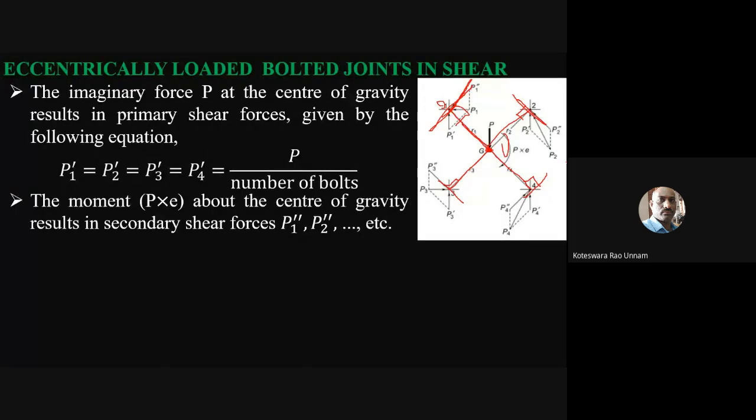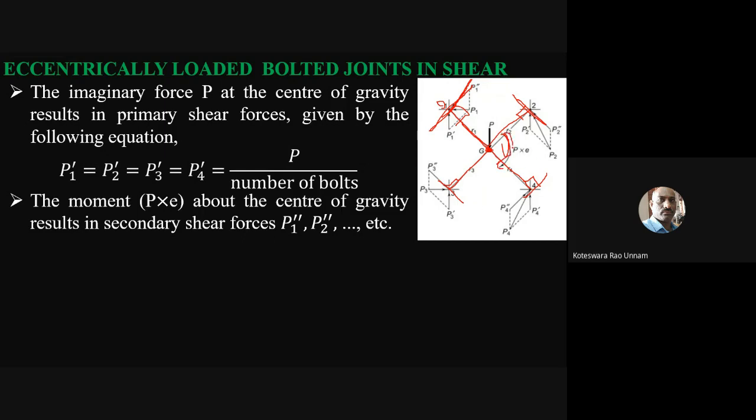I know the perpendicular direction, but whether it acts in this direction or that direction is the question again. I can't say whether it is upward or downward, so I want to identify in which direction it is going to act. For that you need to identify the direction of your applied moment. The applied moment is like this, so the secondary shear force direction should be opposite.